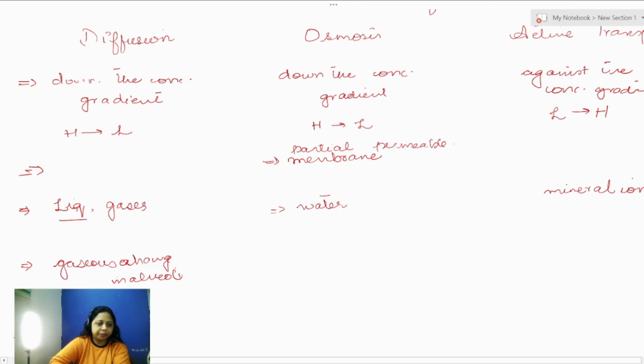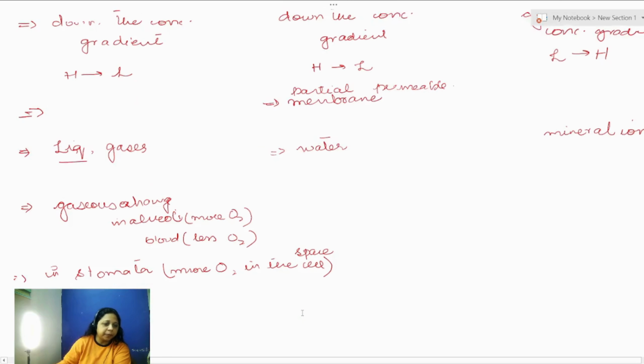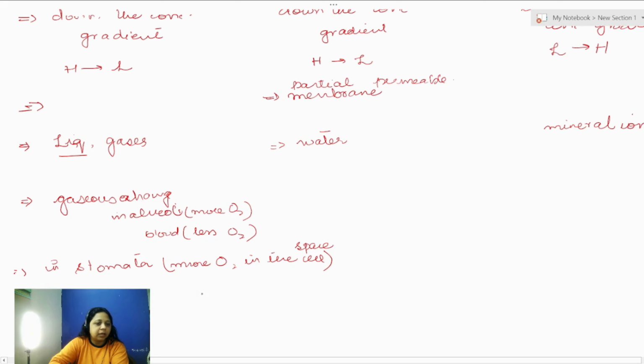Alveoli has more oxygen, and blood has lesser oxygen, so oxygen diffuses into the blood from alveoli. And what about stomata? There would be oxygen in the cell, or in the space between the spongy mesophyll cells, and then outside there is lesser oxygen in the environment.